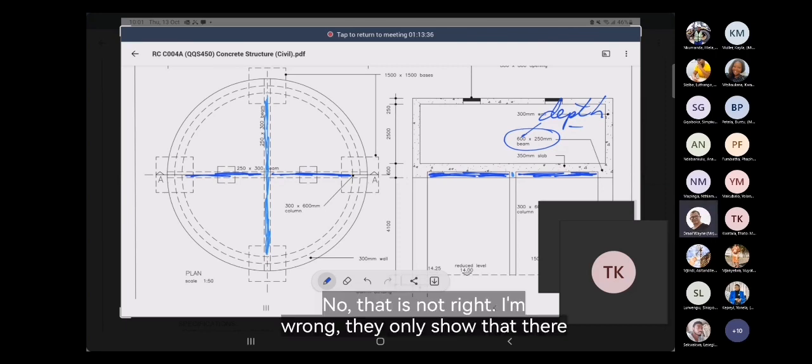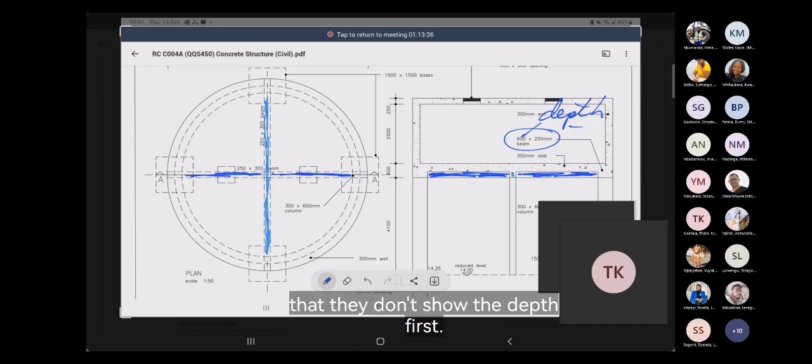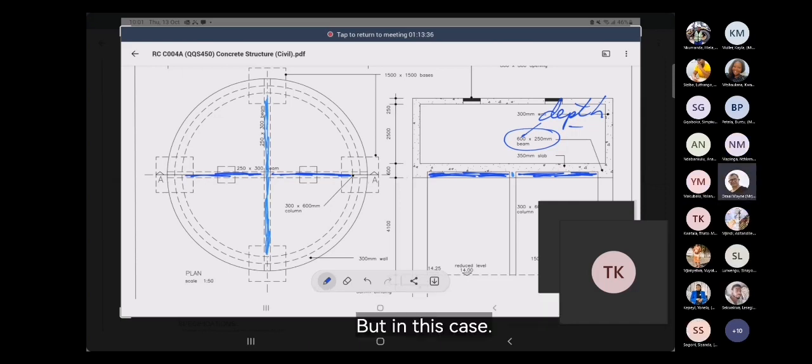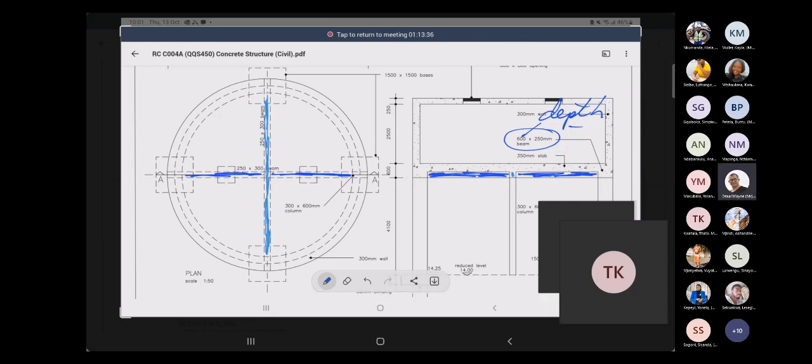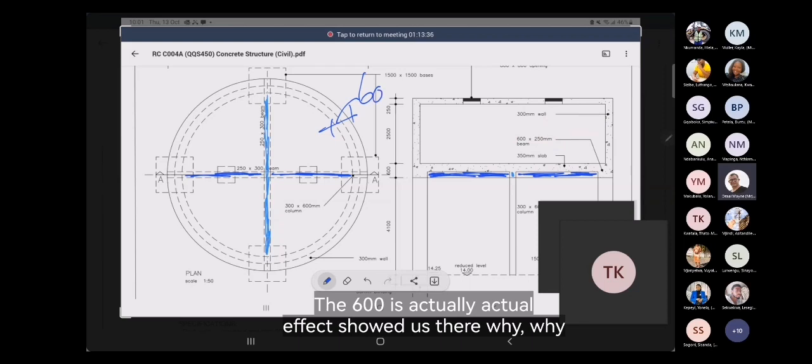No, that is not right. I'm wrong. They normally show the depth first. But in this instance, if you have a look at the drawing and you interpret the drawing, you would notice that the 600 is in actual fact shown to us there.